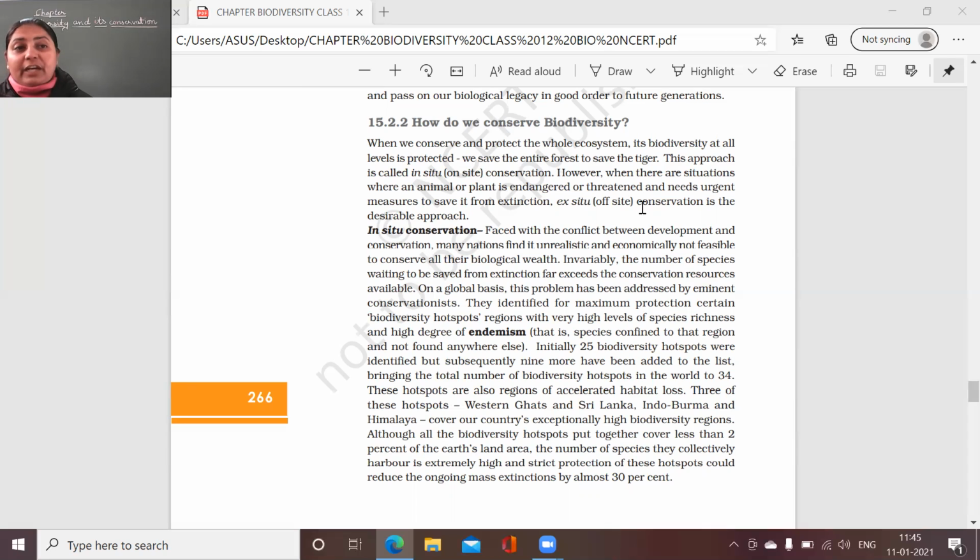So in this way you are not only protecting the particular species but the rest of the species that are also living along with it. So this type of conservation, it is known as in situ conservation.